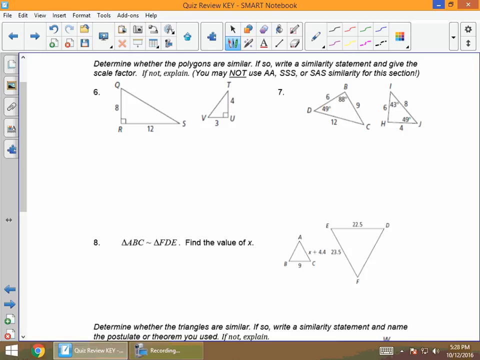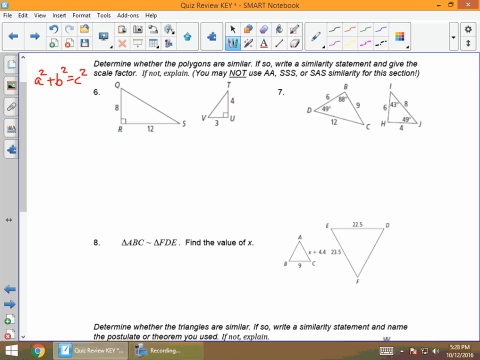I have a right triangle, but I don't know the hypotenuse. I know a leg is 8 and a leg is 12. So hopefully you remember the Pythagorean theorem, because a squared plus b squared equals c squared. So in this case, 8 squared plus 12 squared is 208.